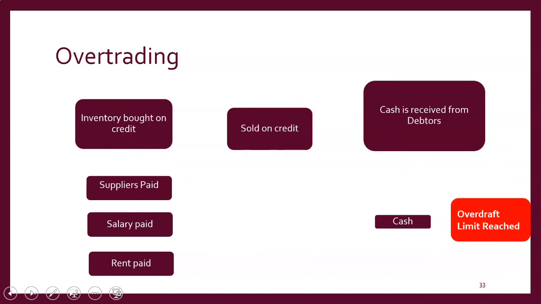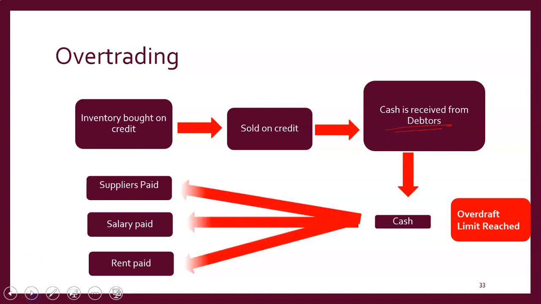Once the overdraft limit is reached, we cannot buy inventory on credit because we have not paid our suppliers, and it's not possible to sell on credit. But the debtors would have risen to a huge amount, and proportionally our cash position would have been totally reduced.